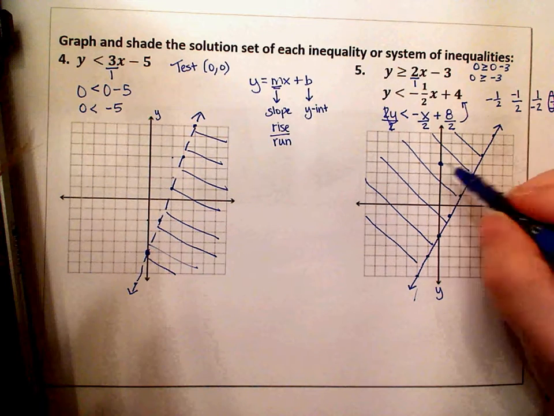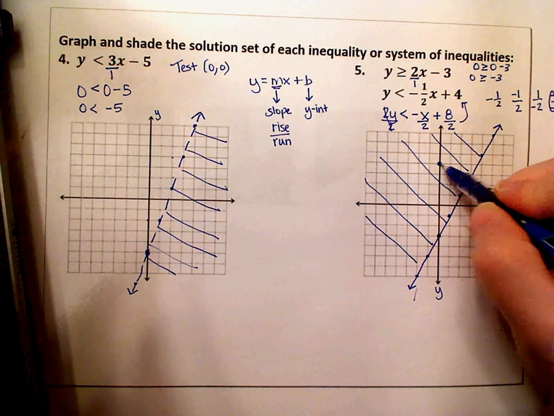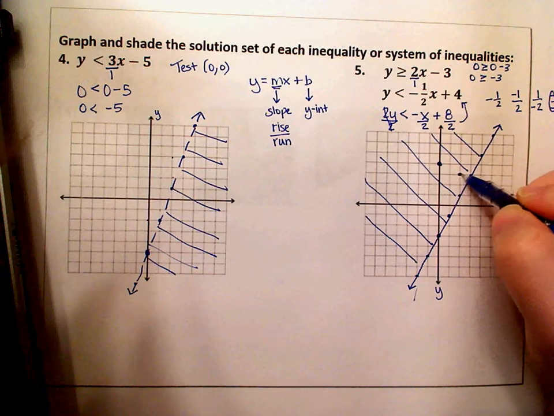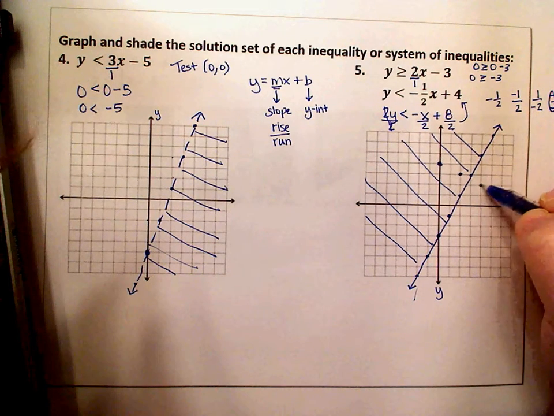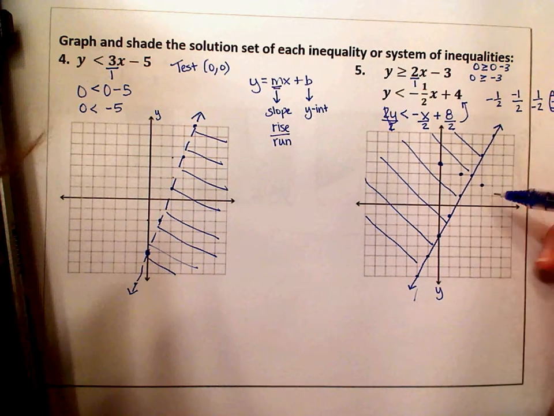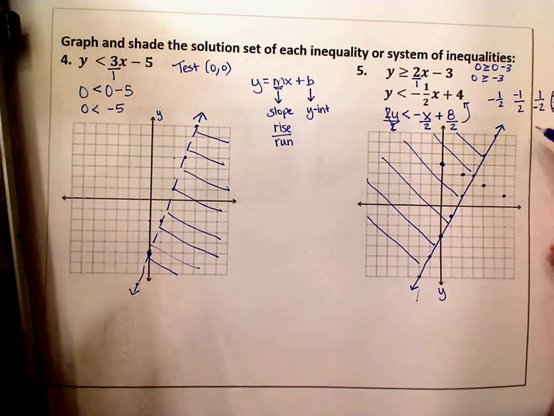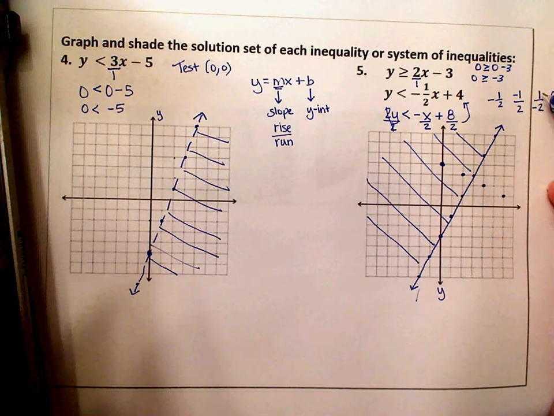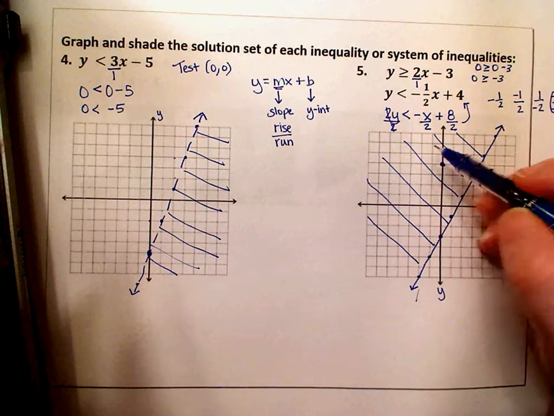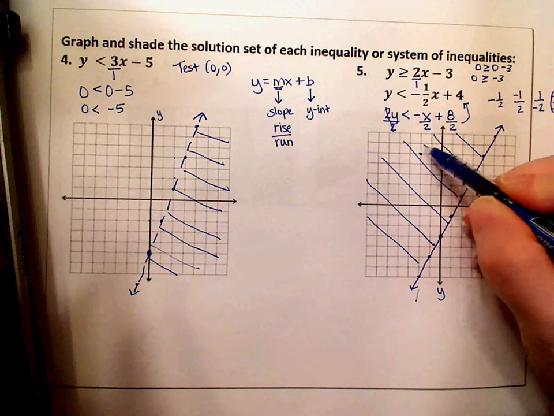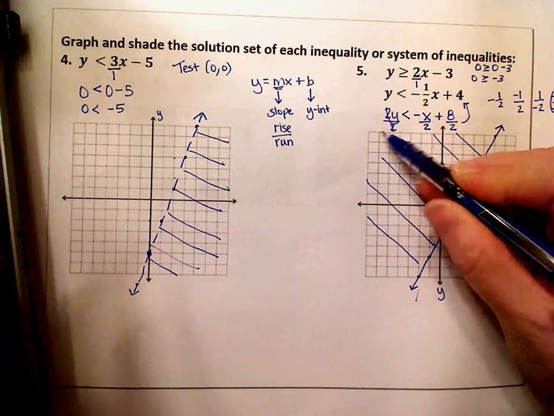So from my y-intercept of 4, down 1, right 2, down 1, right 2. I could continue doing that and get points on this side. I can also do the other way, which is up 1 and left 2.